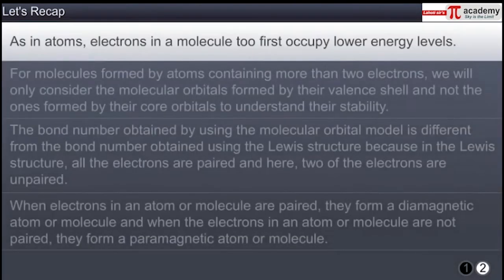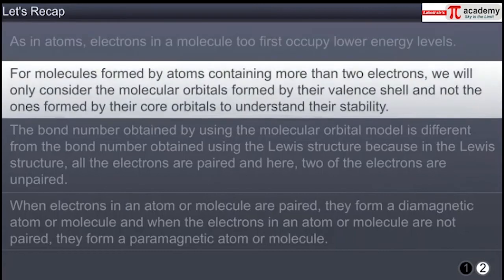As in atoms, electrons in a molecule too first occupy lower energy levels. For molecules formed by atoms containing more than 2 electrons, we will only consider the molecular orbitals formed by their valence shell and not the ones formed by their core orbitals to understand their stability.